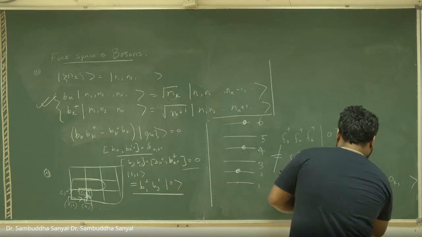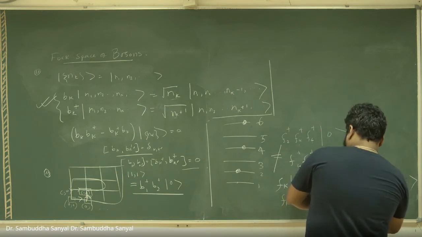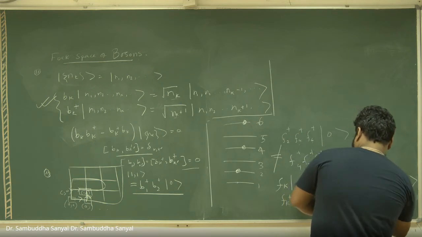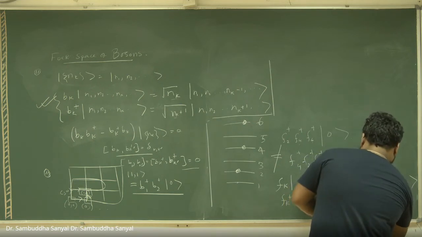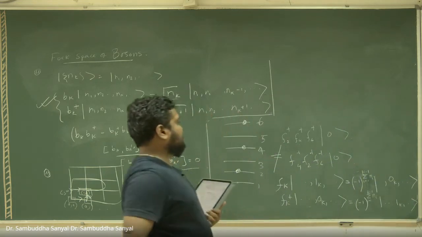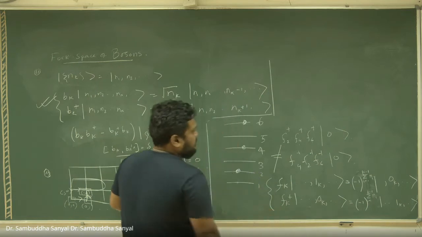Let's first see how it works, and then we will discuss what the subtlety is and why that doesn't matter. Okay, so this is the equivalent rule for fermionic operators.